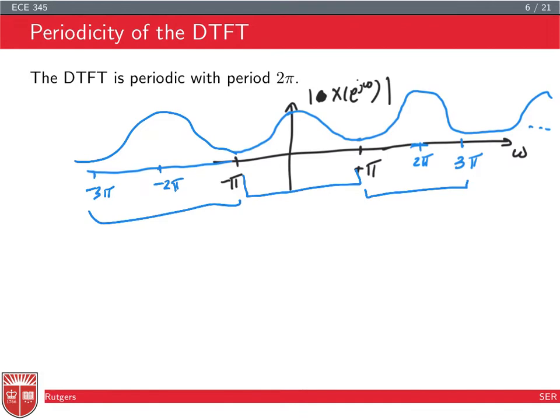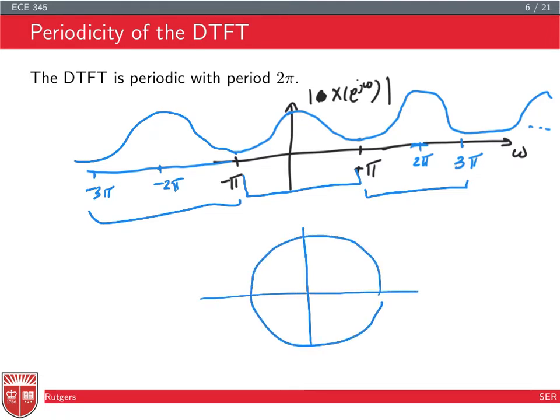Now, why is this happening? If you want to see it intuitively, the Z transform interpretation of the DTFT is helpful here, because we know that the DTFT is the Z transform evaluated on the unit circle. So let's suppose this is z equal to e^{jω}, and this is the angle omega.